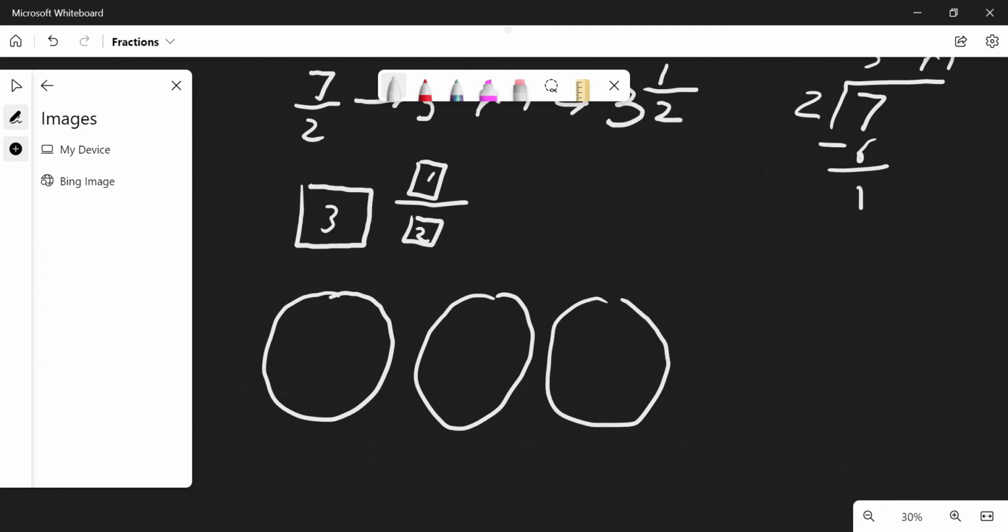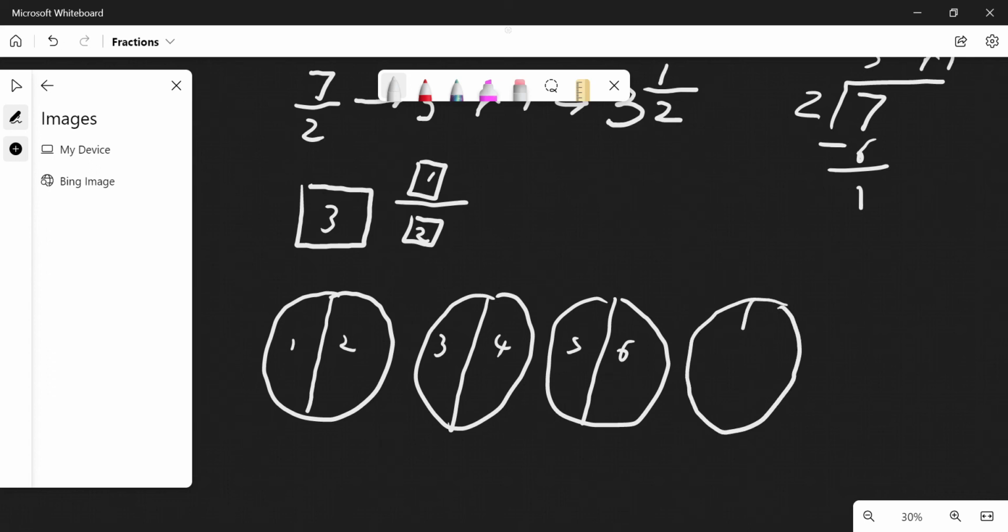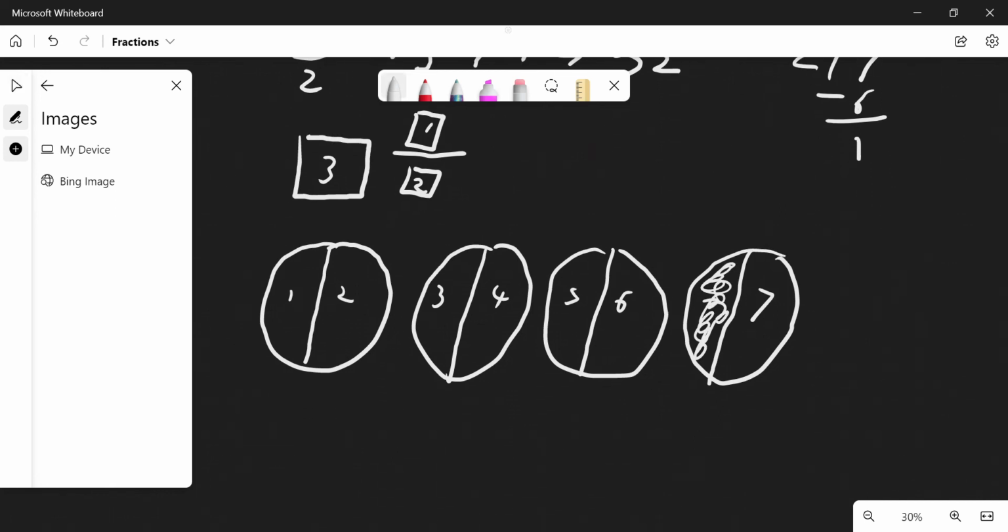Each whole is separated into 2's, because our denominator is 2, so we're dealing with halves. So we have 1 half there, 1 half there, and a half there. And these are full, so we have 1, 2, 3, 4, 5, 6. And then I have an extra pizza that only has 1 half.